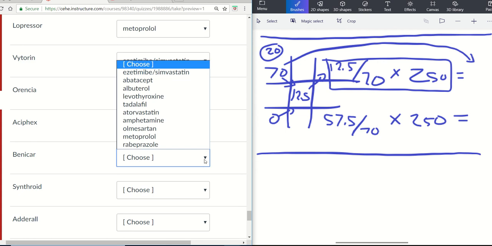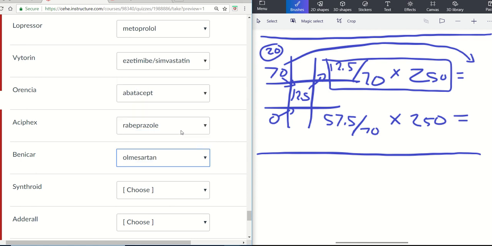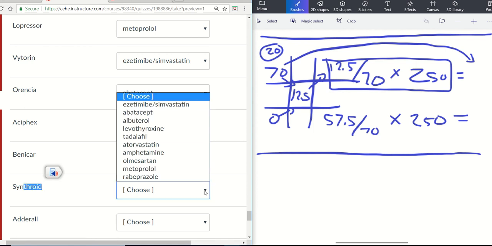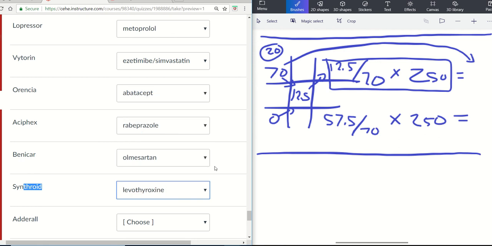It's another cholesterol med? Olmesartan, all the sartan drugs. Like Lipitor, Pravachol, Crestor. Synthroid, that one's easy. It's in the name. Thyroid is levothyroxine. That one's easy. And then Adderall, 1 carbon away from methamphetamine.